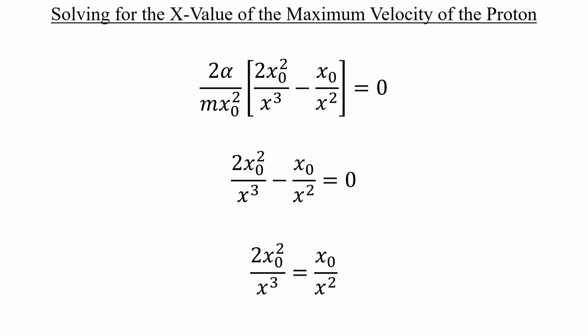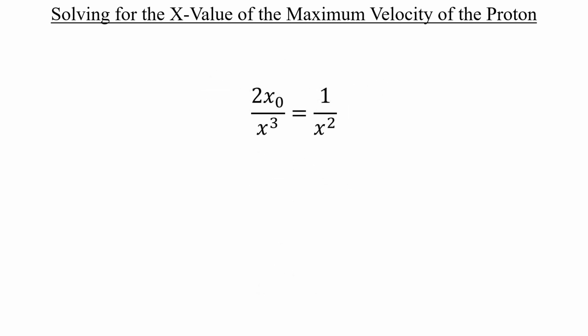Divide both sides by a single factor of x naught, and then multiply both sides by x cubed. Our result is that the maximum velocity occurs at an x value equal to 2 times whatever x naught is.